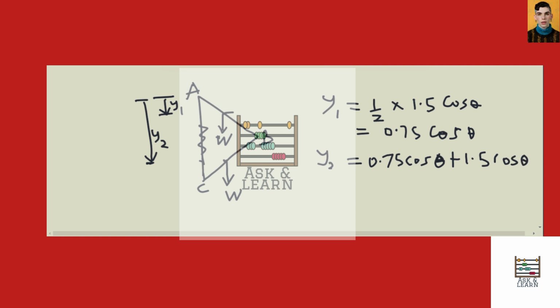If we sum this, it's going to give us 2.25 cos theta.